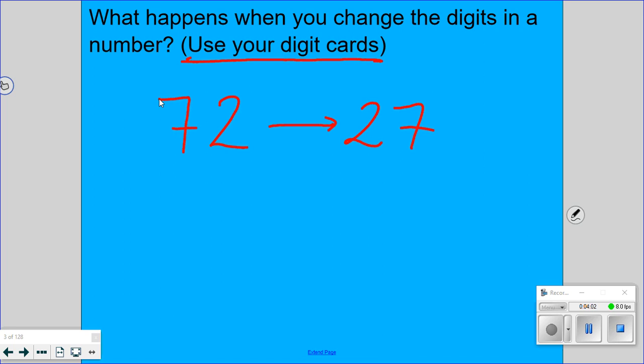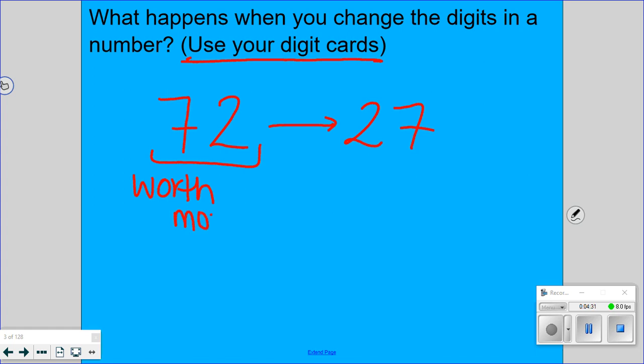Woo! That is a girl after my heart. The value. What that number is worth. Ariana, would you rather have $72 or $27? Why? It's more. The value, what it is worth, is more.